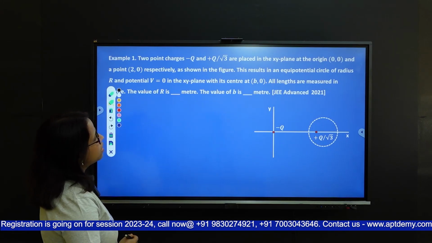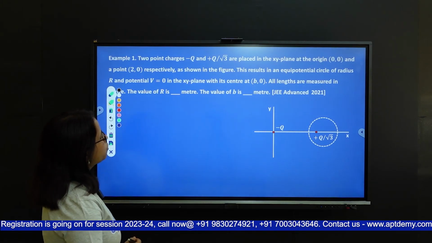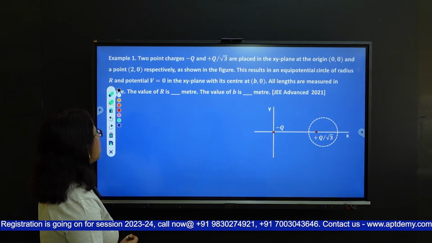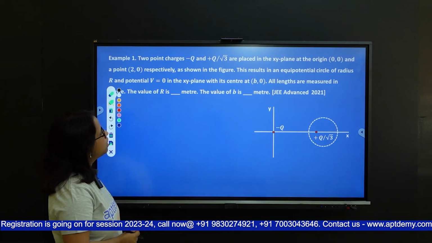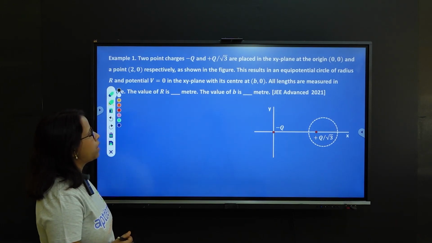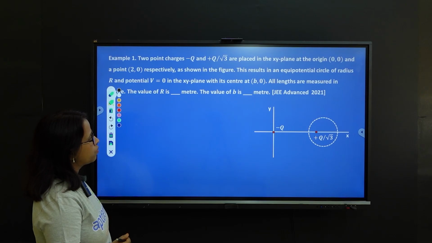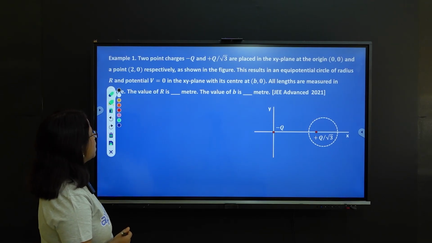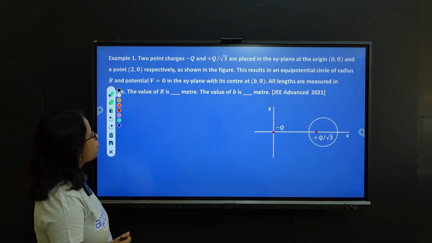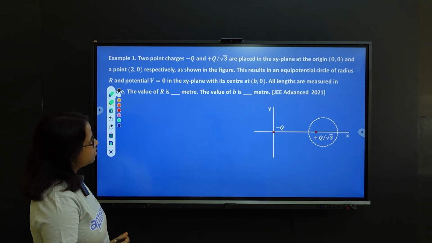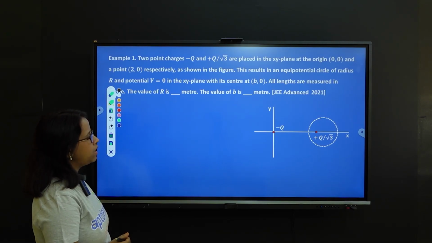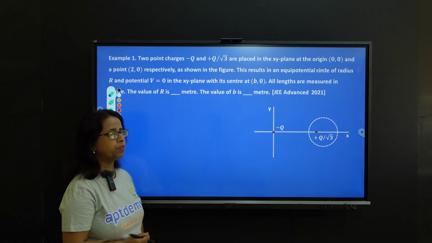This results in an equipotential circle of radius capital R and potential V equals 0 in the xy plane, with its center at (B, 0). All lengths are measured in meters. The value of R is dash meters, the value of B is dash meters.